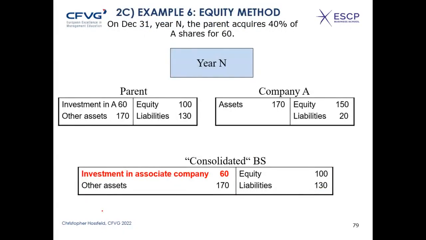Okay, let's do an example here for the equity method. On December 31st of the first year N, parent company buys 40% of A shares for 60. My question, why do we pay 60 for those 40%? Not 70, not 50, but precisely 60.